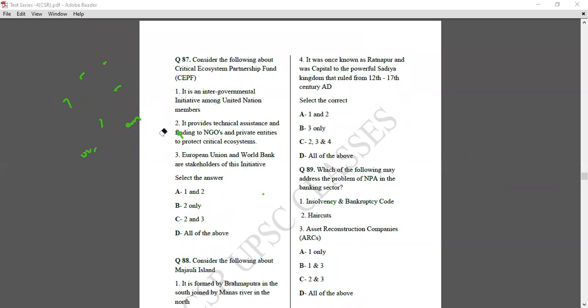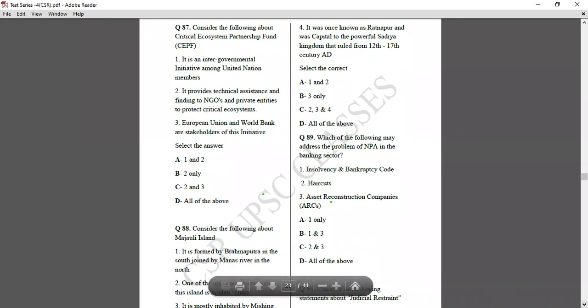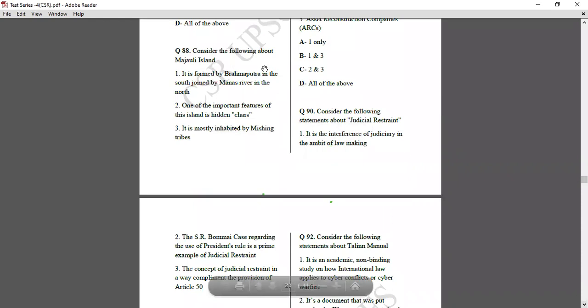Coming to question number 88. Consider the following about Majuli Island. It is formed by the Brahmaputra in the south, joined by the Manas River in the north. See, first of all, Majuli Island has nothing to do with the Manas River. It's the Subansiri River in the north.